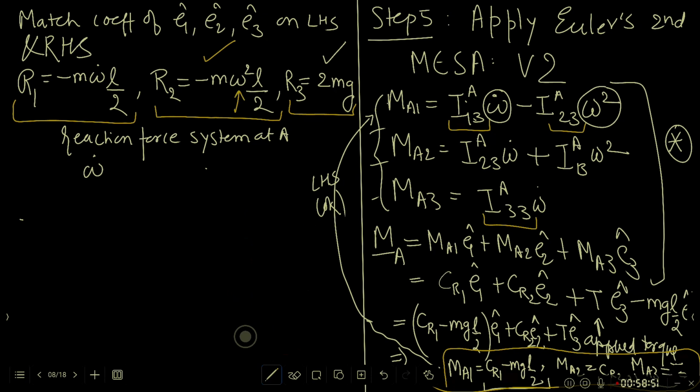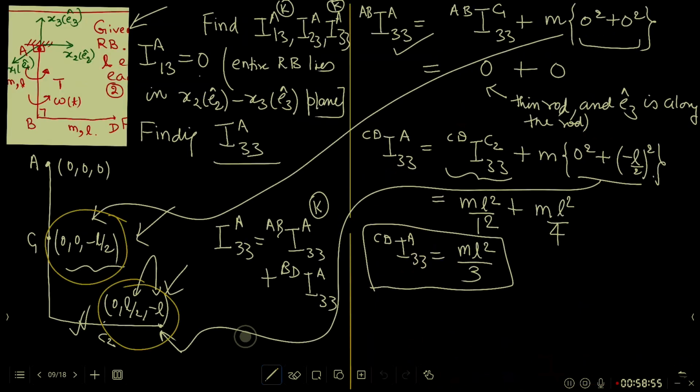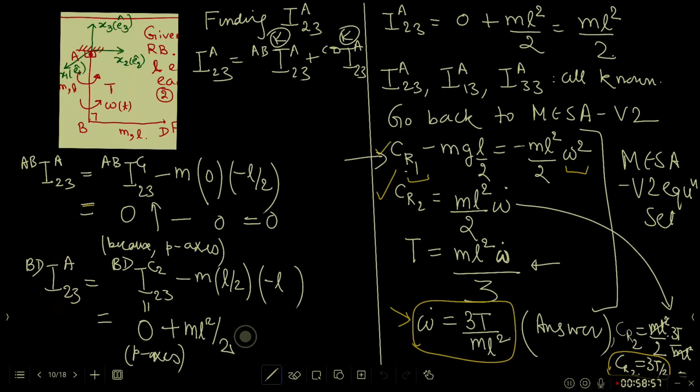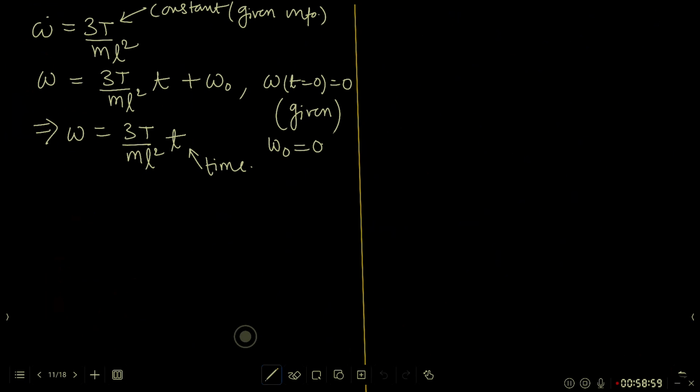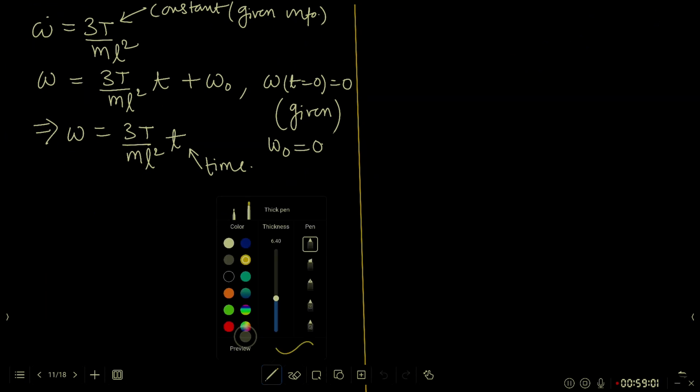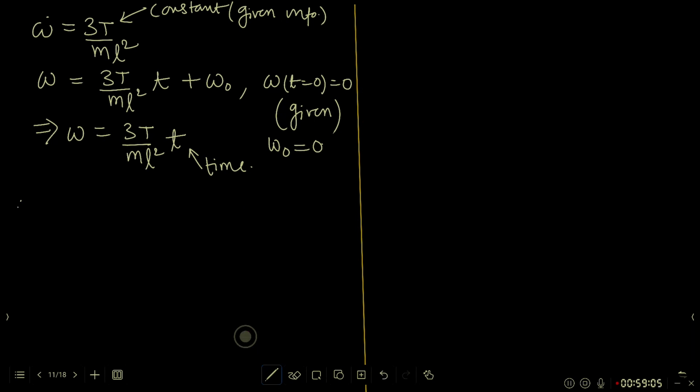I am leaving the few steps of algebra for you to work out. I am giving you the final answer. R1 turns out to be minus 3T by 2l. R2 turns out to be minus m omega square l by 2.